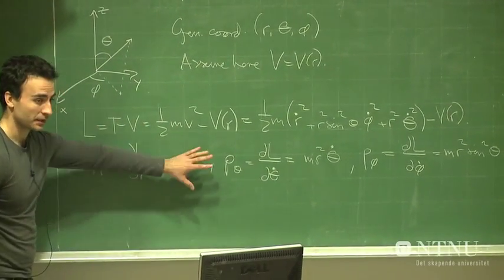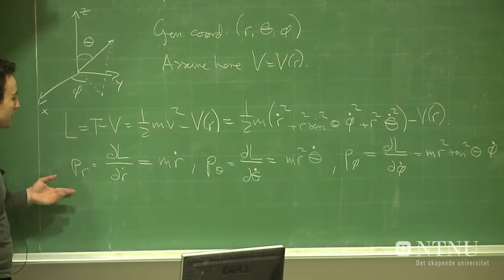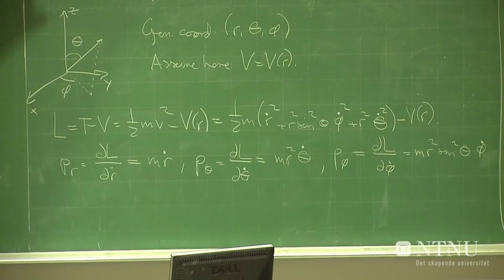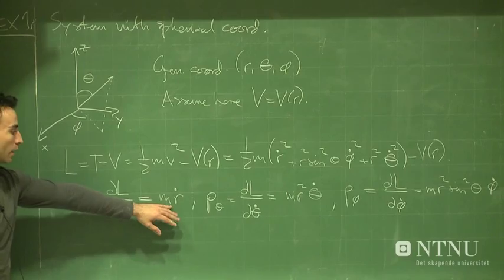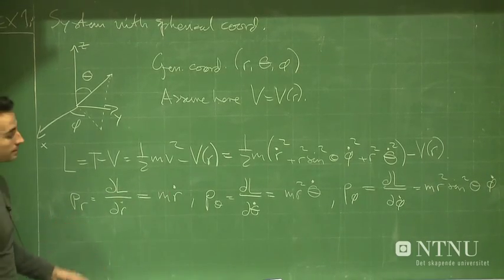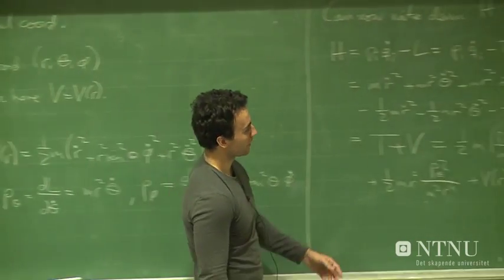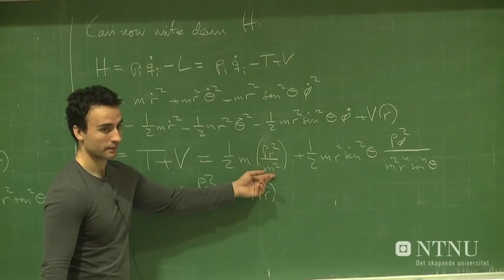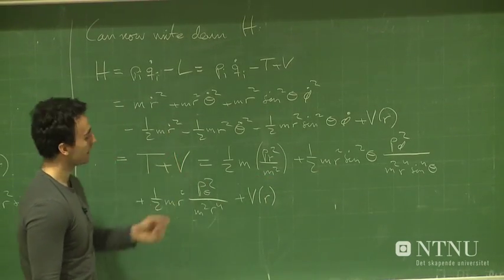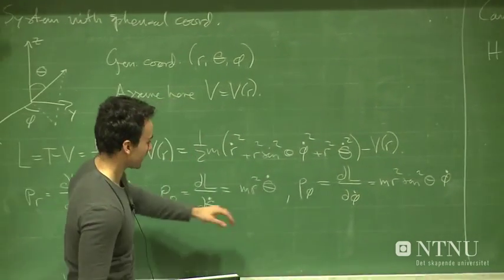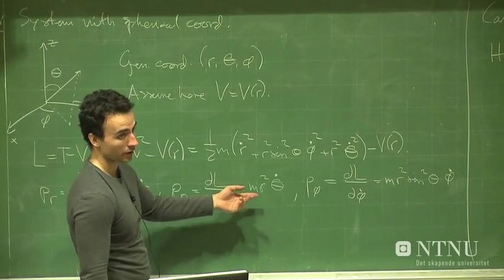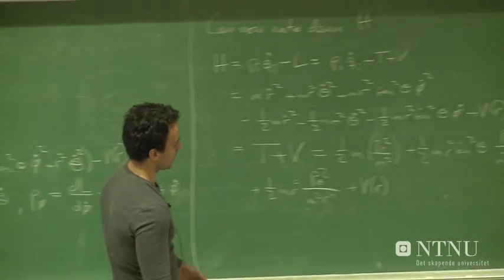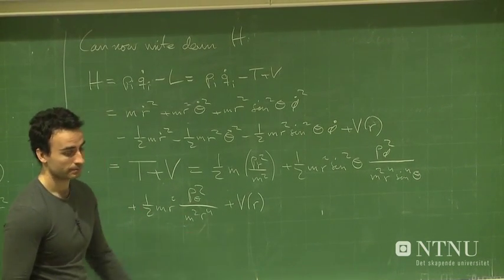I did this by using these equations. So for instance, from the equation for the canonical momentum of r, I can express r dot as p_r over m, which is what I put here instead of r dot squared. Similarly, I can replace theta dot with p theta over m r squared, which is what I did here, etc.